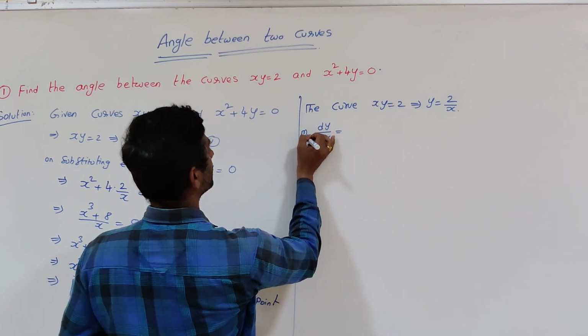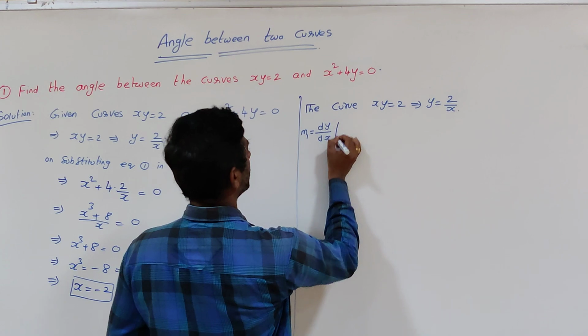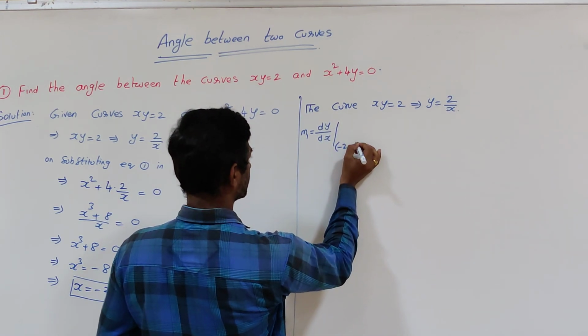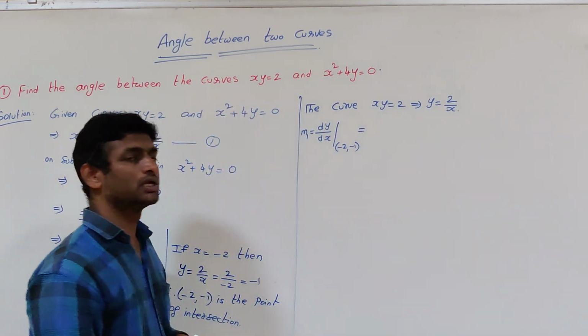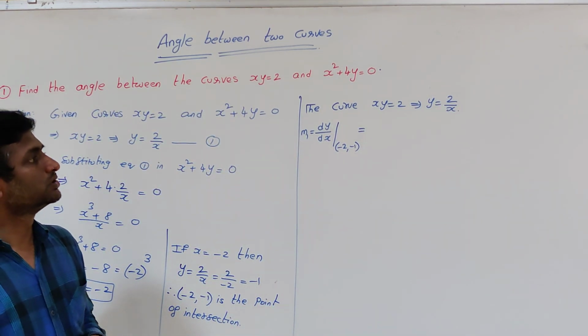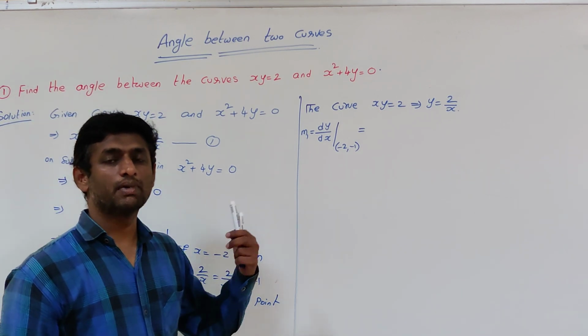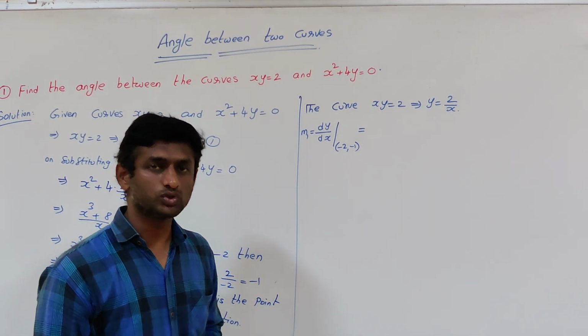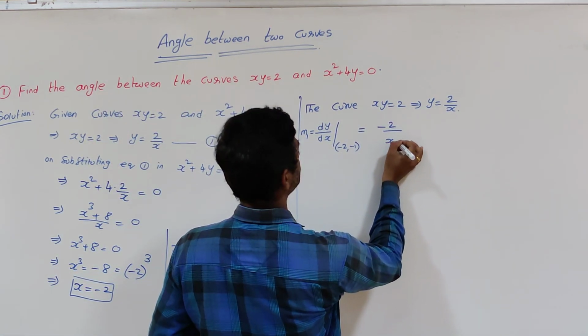That is m1 is equal to dy by dx at minus 2 comma minus 1. What is the derivative of this function, 2 by x? It is x to the power of minus 1. What is the derivative of x to the power of minus 1? Minus 1 by x to the power of 2. So it will be minus 2 by x square.